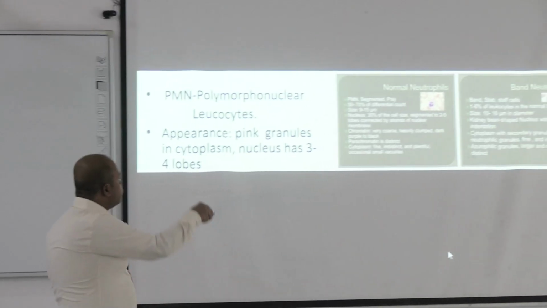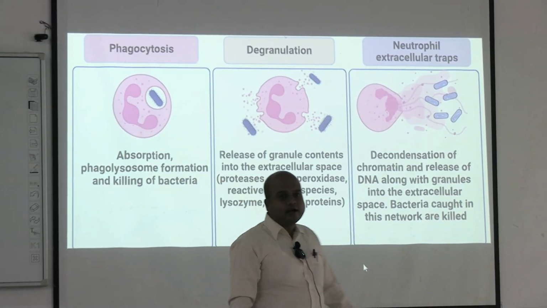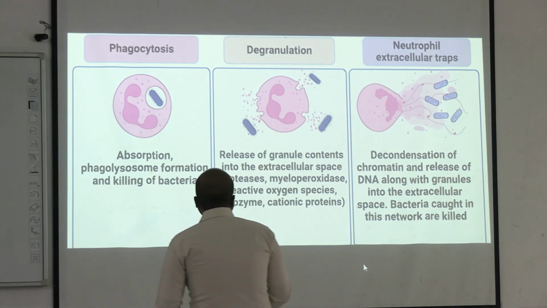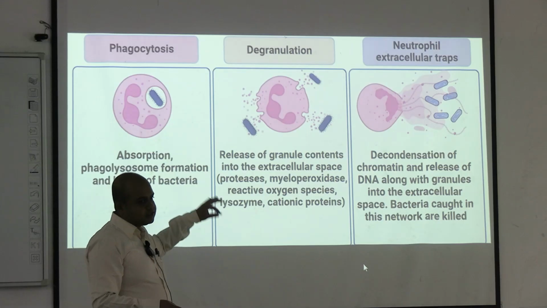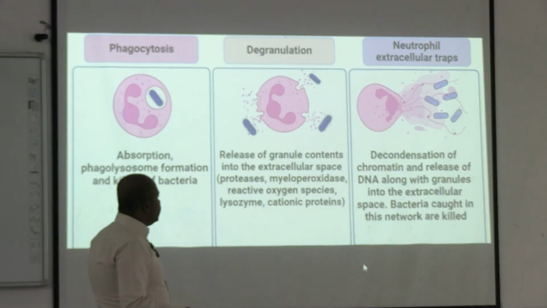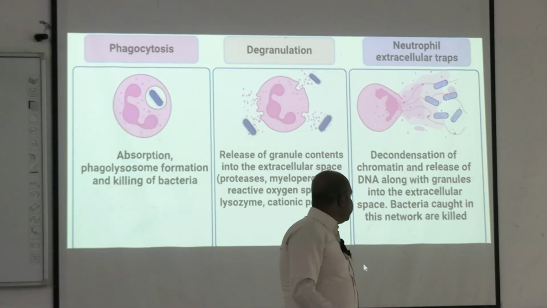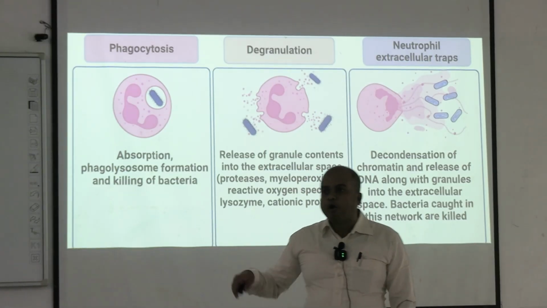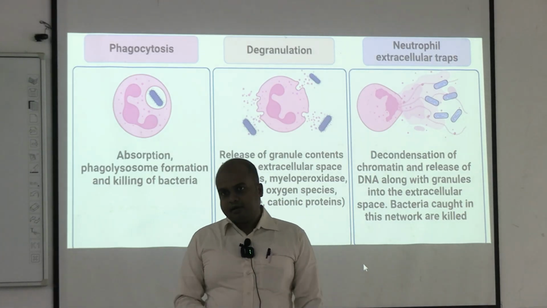And the function of the neutrophils, as we told, is mainly phagocytosis. They release their granule contents along with enzymes into the extracellular space, so that invading agents can be taken care of, and the chromatin material is decondensed. In the extracellular space they form a network where the bacteria are trapped and killed.